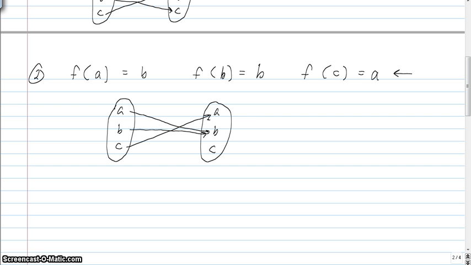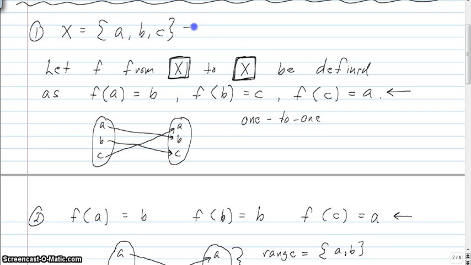Okay, a couple of things. First, something we don't say in college algebra is that the y values that end up getting used from the codomain are called the range. So the range in this case is just the elements a, b, which is not equivalent to the codomain.